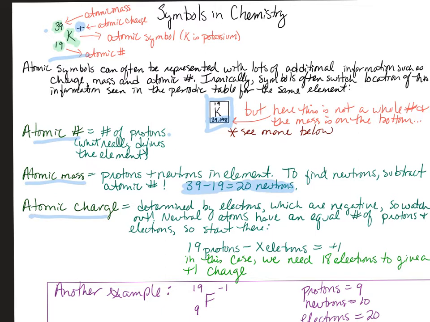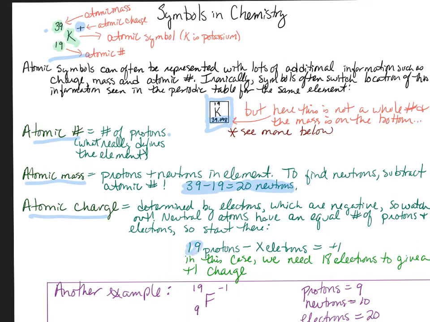Now, this is where a lot of people get confused, because electrons are negative. So if you lose an electron, or you subtract an electron, that's how you end up with a positive charge.